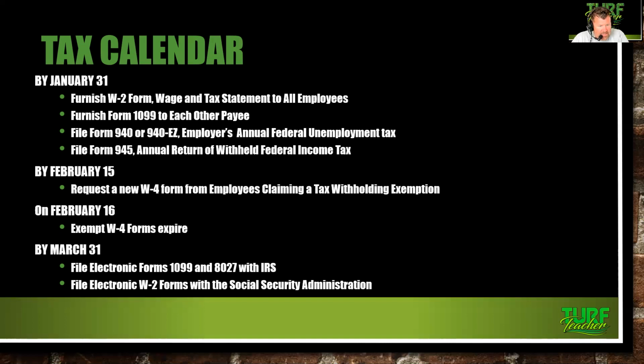On February 16th, exempt W-forms expire. And then by March 31st, file electronic forms 1099 and 827 with the IRS, and file electronic W-2 forms with Social Security Administration. So that's why I love the payroll service. They do 100% of this for us.